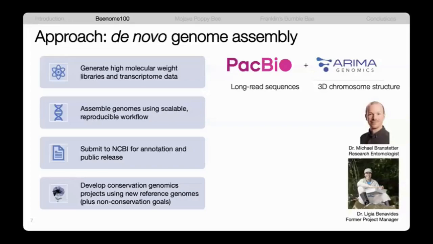We then assemble the genomes using scalable, reproducible workflows, and then submit the genomes to NCBI for annotation and public release. And of course, we're developing conservation genomics projects using these new reference genomes, of course with many other non-conservation goals as well.